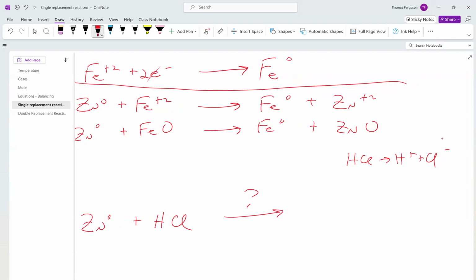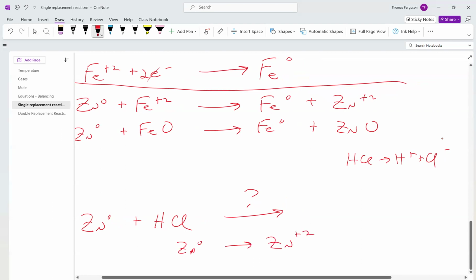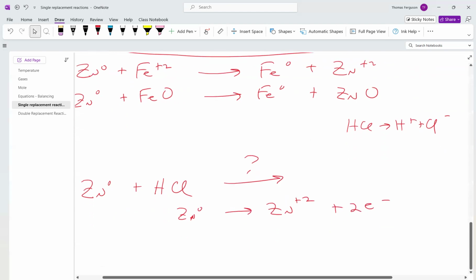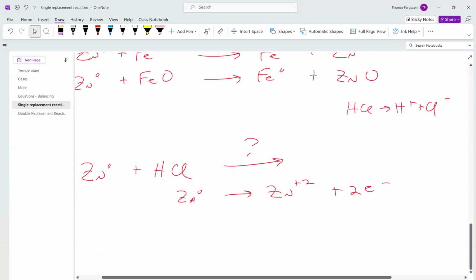So if we write the 2 half reactions, that's a half reaction, the oxidation. Remember, when we lose electrons, oxidation. And then the H+.